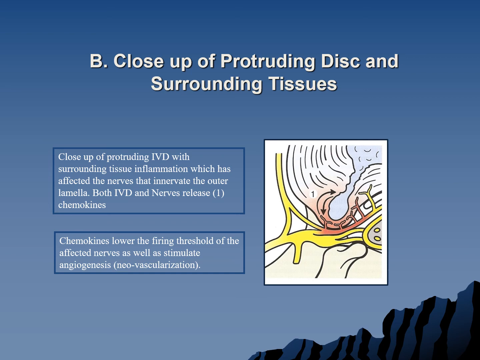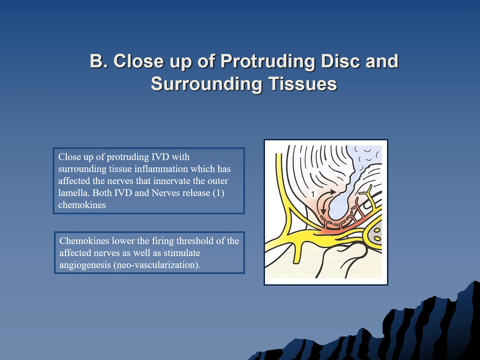The red also indicates the secretion of chemokines, and chemokines are inflammatory chemicals that are secreted anywhere in the body where there is tissue damage.